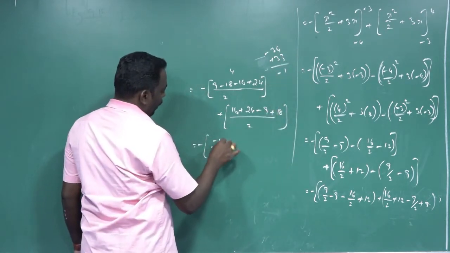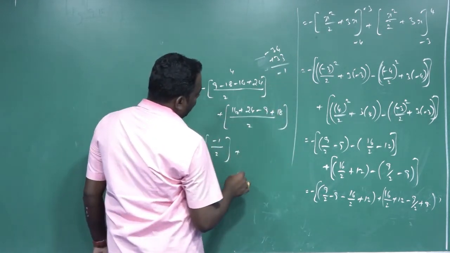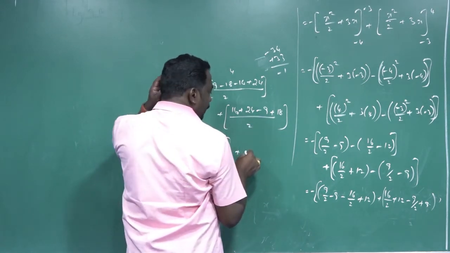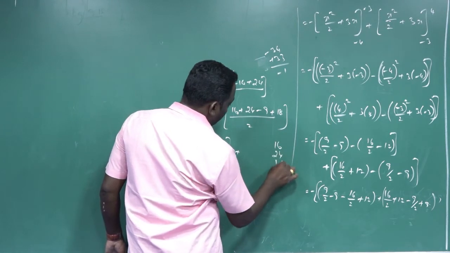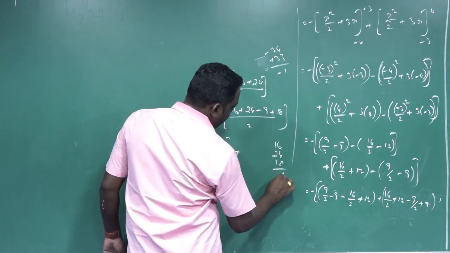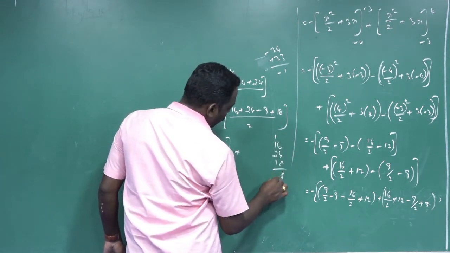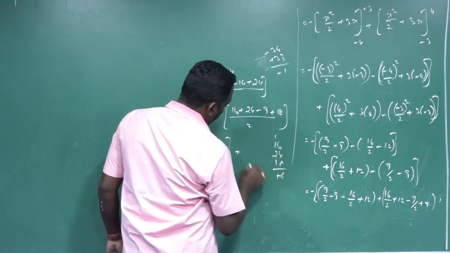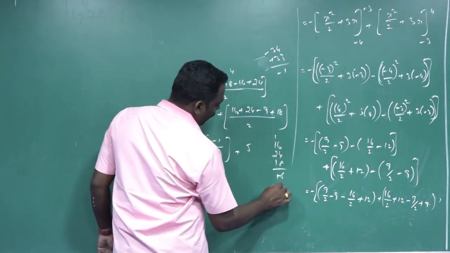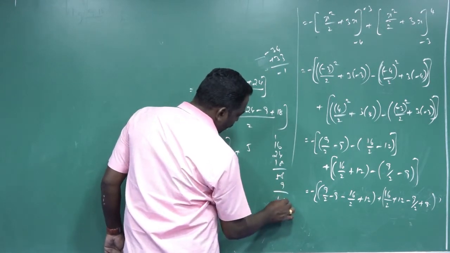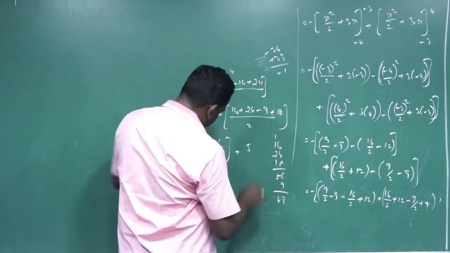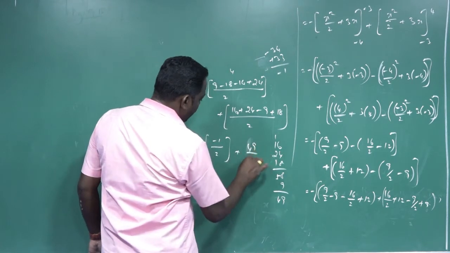Minus 1 remaining, plus, and similarly here 16 plus 24 plus 18, numerator 58, then minus 9, that is 49, then 49 by 2.